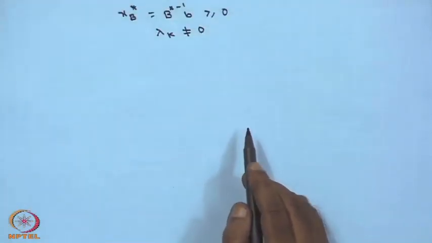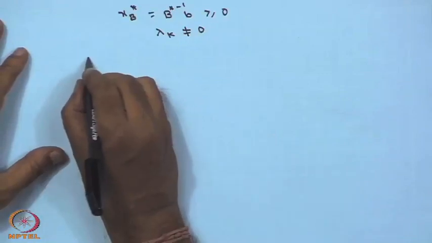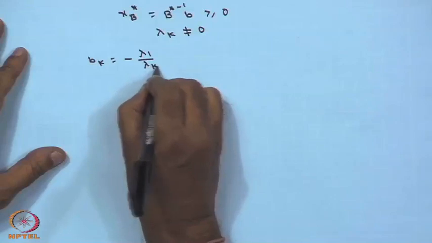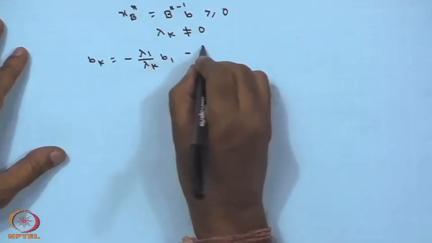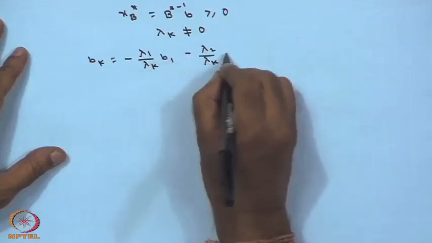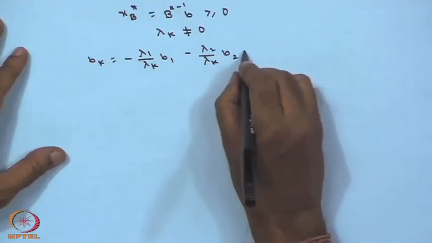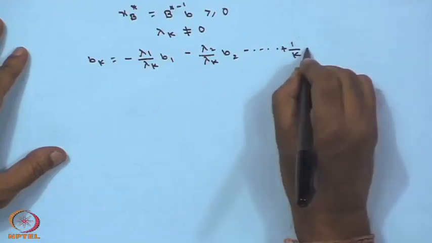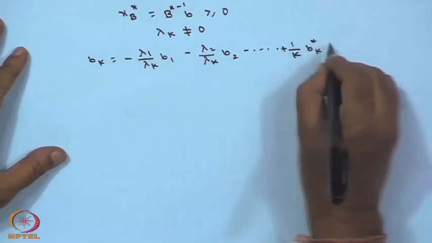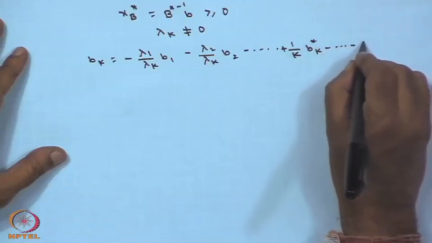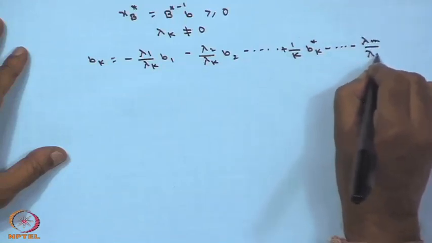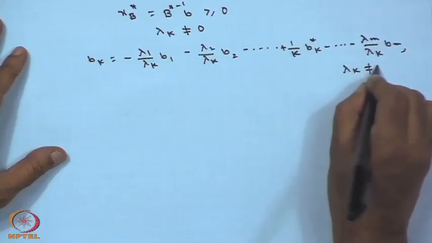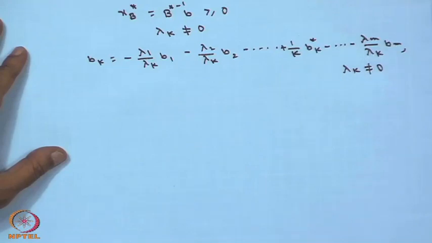So, from here I can write down b k equals minus lambda 1 by lambda k b 1 minus lambda 2 by lambda k into b 2, like this way it is going, plus 1 by lambda k into b k star, and it will go minus lambda m by lambda k into b m, where your lambda k is not equal to 0.